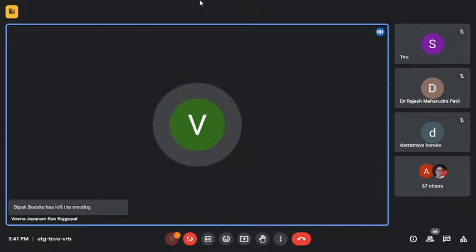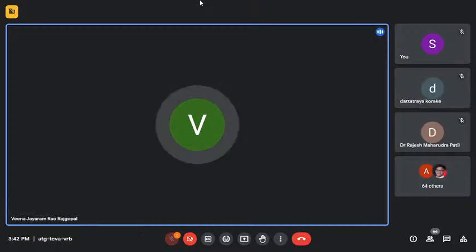Then we'll go through what MyPower is, what modules are available, the various kinds of studies and simulations that can be done using the software. And then I'll take a simple example, and we can do various studies on it.